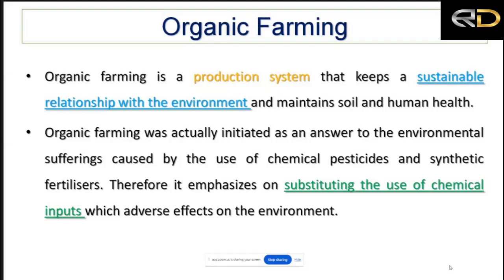Its importance began as an answer to the environmental suffering we have caused through the excess use of chemicals, such as pesticides and synthetic fertilizers. Because of these consequences of conventional farming, we have started adopting organic farming, which emphasizes substituting chemical inputs that had an adverse impact on the environment.